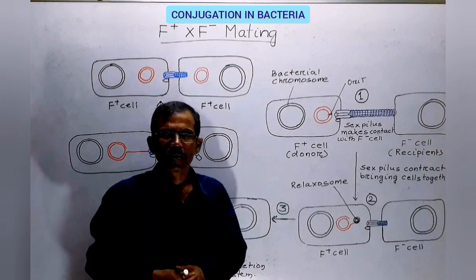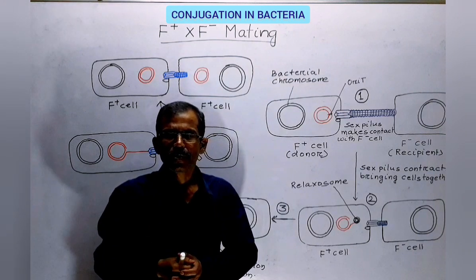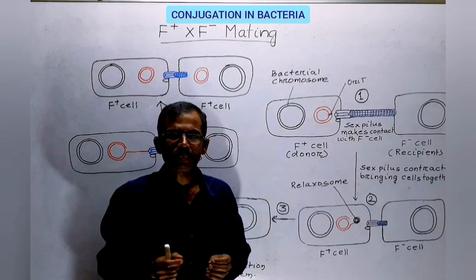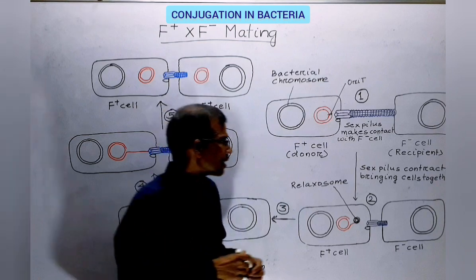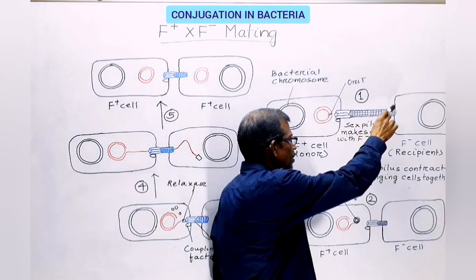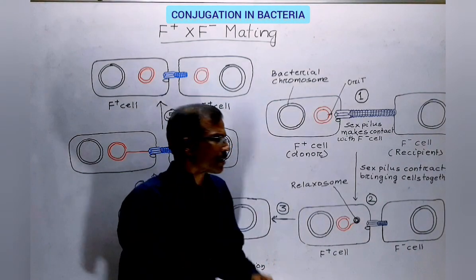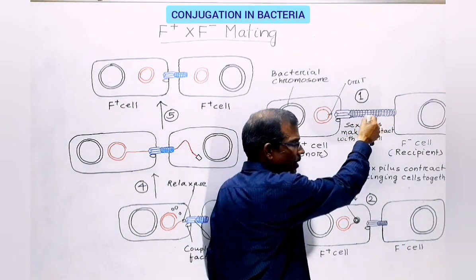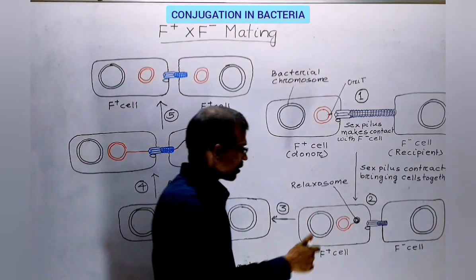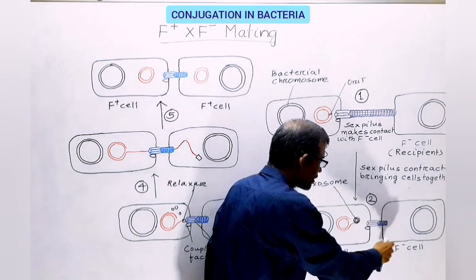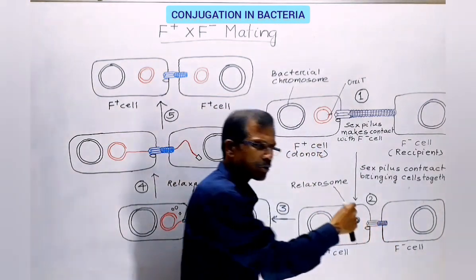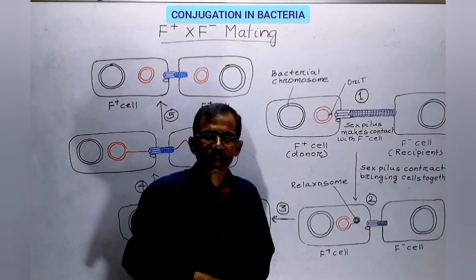First of all, the F pilus, which is present on the surface of the donor cell, establishes contact with the recipient. Once contact is made, the F pilus retracts, thereby bringing the donor and the recipient cell into close physical contact.